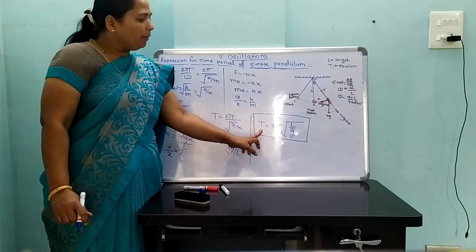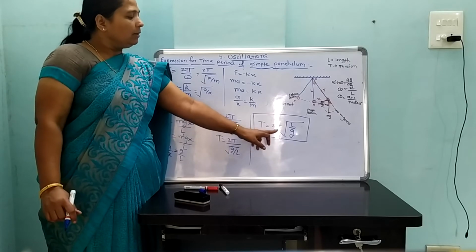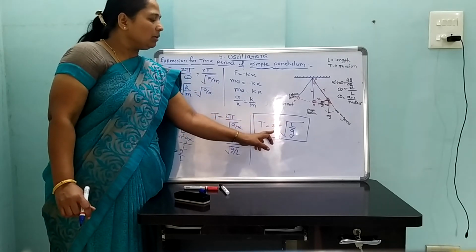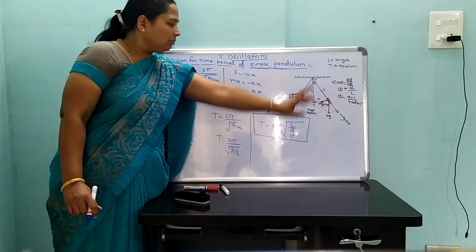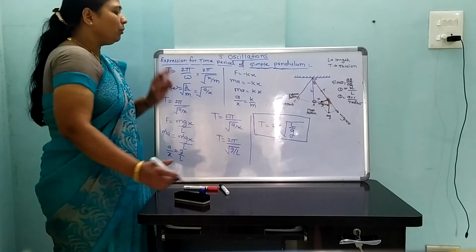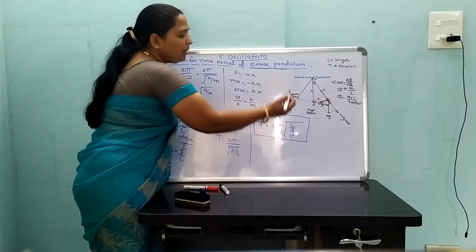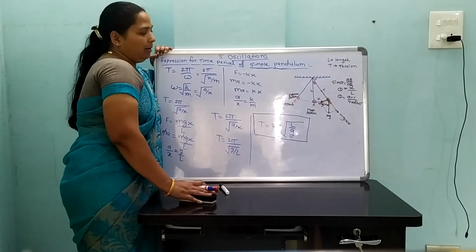Which factors does the period of a simple pendulum depend on? In T is equal to 2 pi under root of L upon g, 2 pi is the constant term. It depends on L, the length of the pendulum, and g, acceleration due to gravity. Therefore, the period of simple pendulum depends on length and acceleration due to gravity.